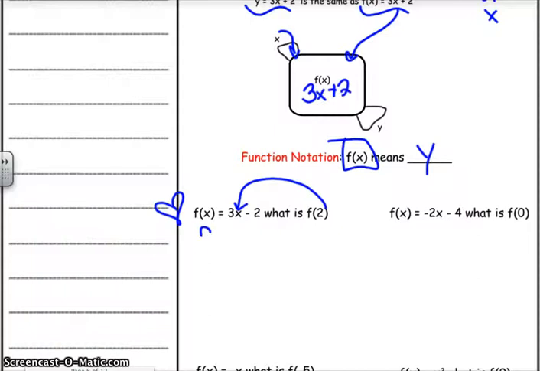So I say the function at 2, f of 2, is just 3 times 2 minus 2. 6 minus 2, 4. So my function at 2 is 4. That means when I put 2 into my function machine, 4 comes out.